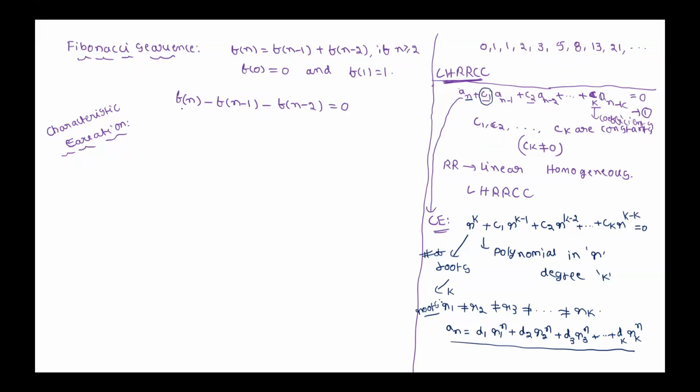If you compare this with equation 1 here, what is an? It is f of n. What is an minus 1? f of n minus 1. What is an minus 2? f of n minus 2. Now it is of this form. What is the c1 value?